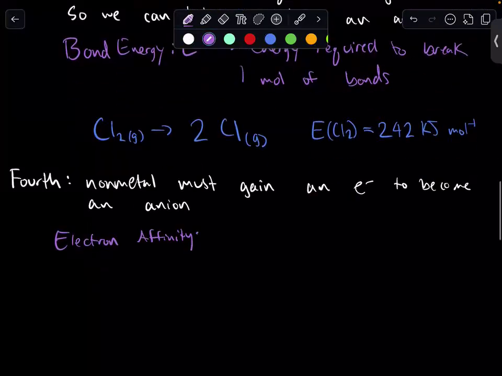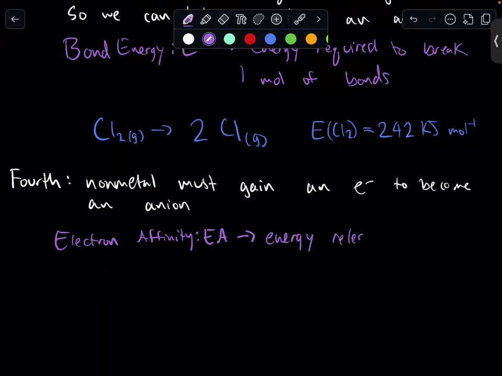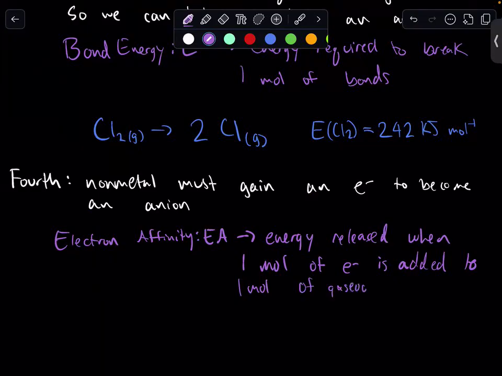Electron affinity, also known as EA, we haven't used it that much, is the energy released when 1 mole of electrons is added to 1 mole of gaseous atoms.